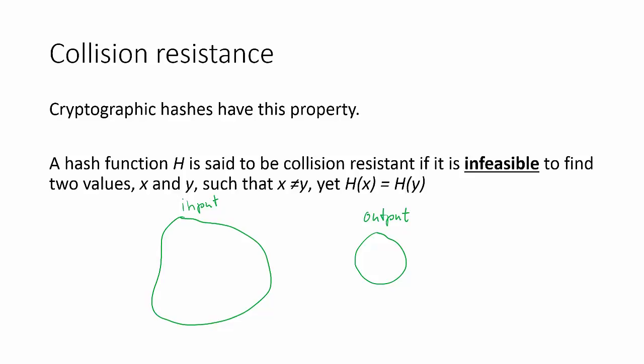And if we have one input x1 and its corresponding output h of x1, now it's not possible in a reasonable amount of time to find an x2 that maps to the same point in the output space. So finding this point called x2 that will map to the exact same point is very difficult and will take an enormous amount of time.